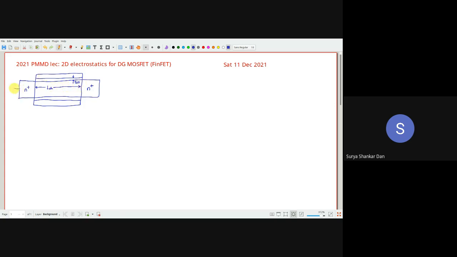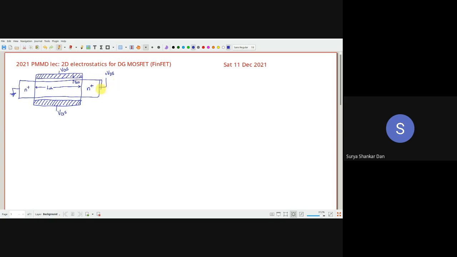Then let us assume that the source is grounded and the drain is connected to plus VDS. And how about the gate terminals? It is a symmetric double gate MOSFET situation, so we will be applying the same voltage on the top gate as well as on the bottom gate. This is the metal. This is also the metal. So these are the top and bottom gates.